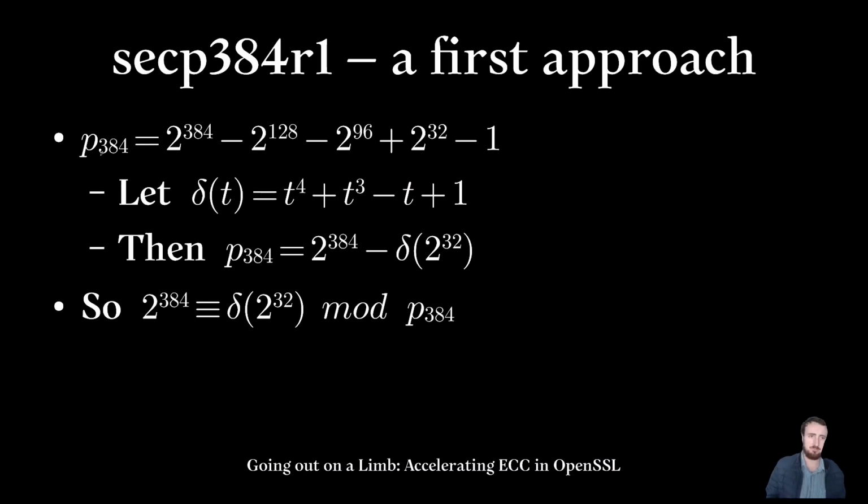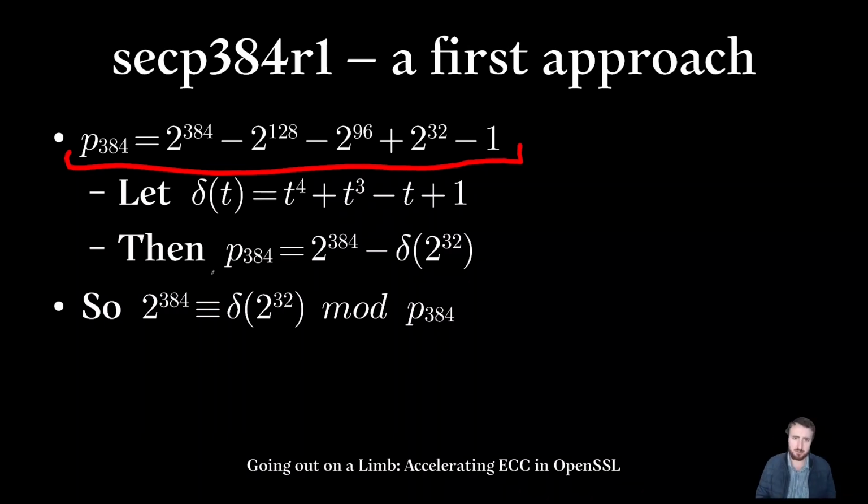So here's our prime. Don't be perturbed. It's a fairly complicated one, but let's try and come up with a polynomial. If we choose delta as the following, then it so happens that P384 is equal to our natural modulus, which is 2 to the 384, minus delta evaluated at 2 to the 32.